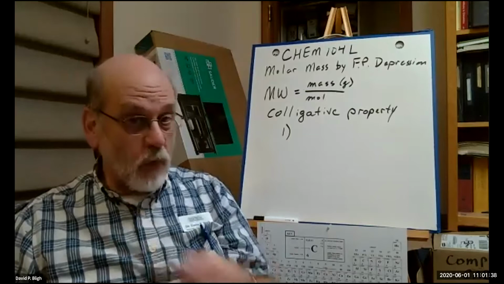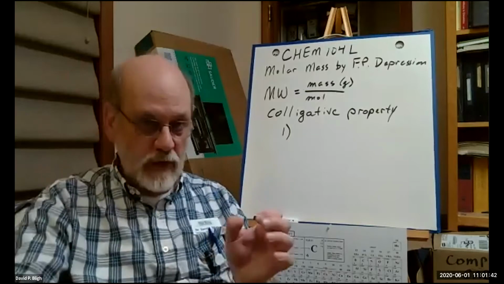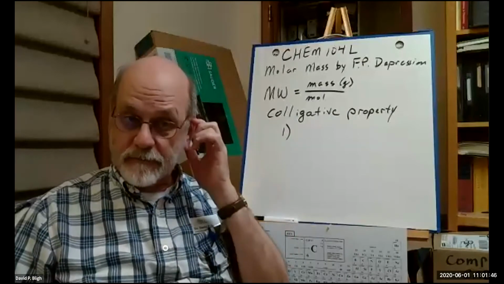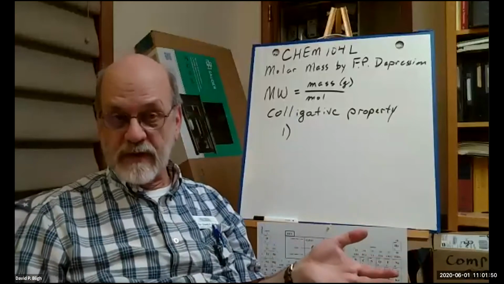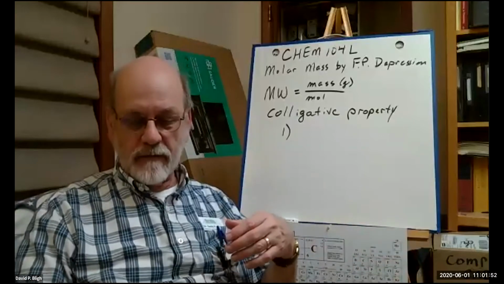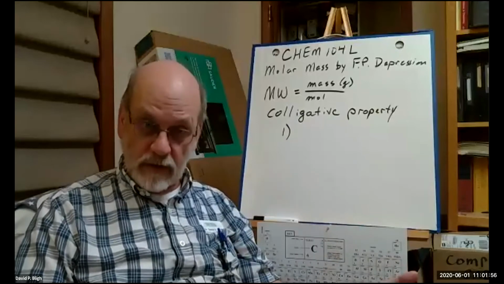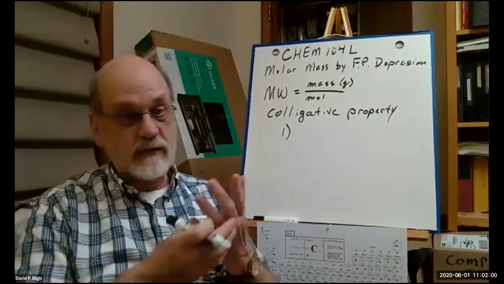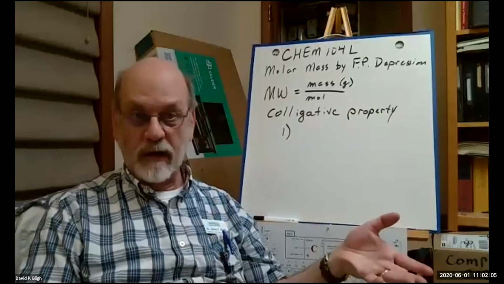So it doesn't matter what compound it is. All we're concerned with is the number of moles of that compound in the solution of whatever solvent it happens to be. And the only condition is that the solute is soluble in the solvent, obviously. Otherwise, it just won't work, right? There's no colligative property for oil and water.